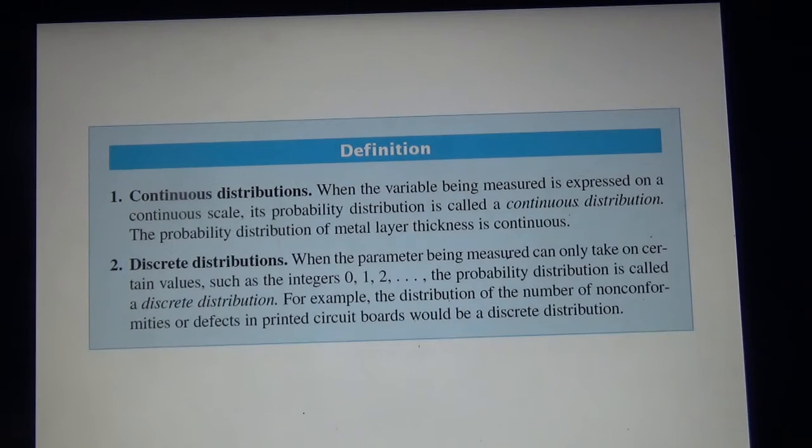We split distributions into 2: continuous distributions, like the normal distribution and Poisson distribution, and discrete distributions, like fail or pass, or tail or head in coin drawing situations. The values are discrete from each other.